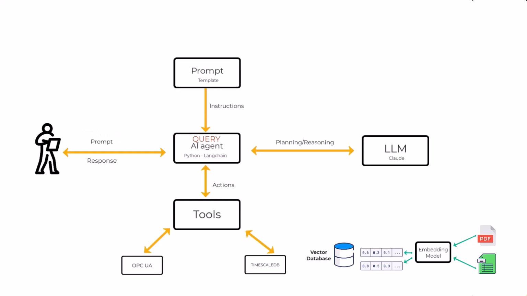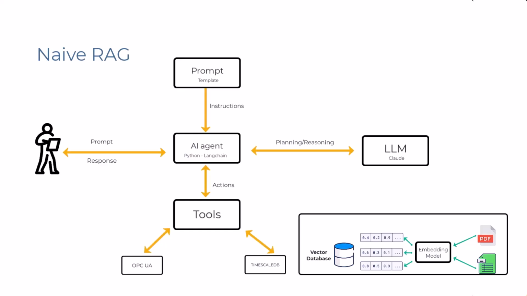When a user asks a question, we also convert that question into a vector using the same embedding model. Then we can mathematically compare the question's vector with all our document vectors to find the most relevant or the most similar information. Now, here's the key difference between the two approaches. With naive RAG, every time the user asks a question, we automatically search for relevant documents and force feed that context to the LLM along with the query.